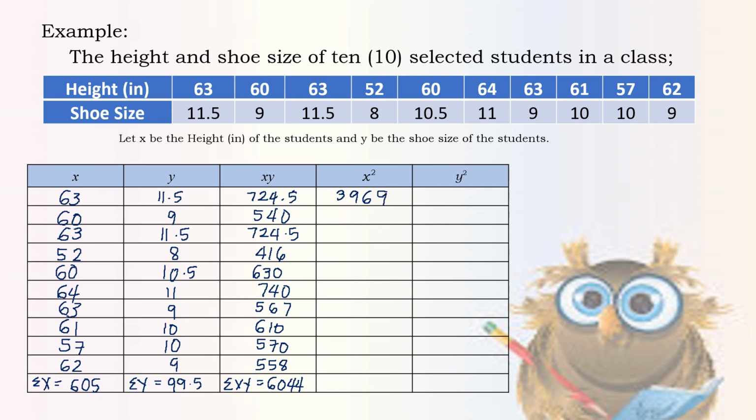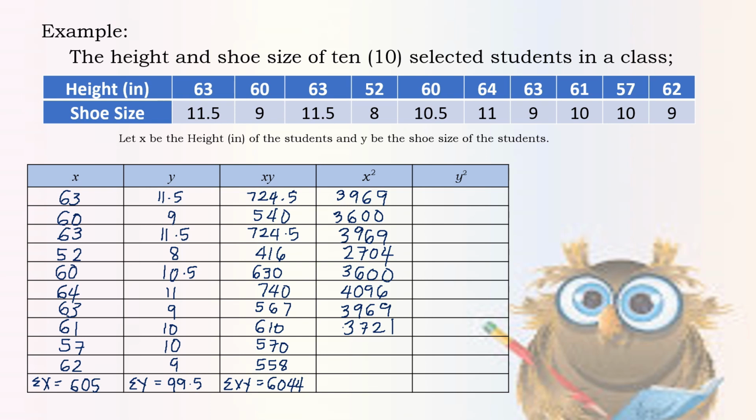Then 60 squared is 3,600. 63 squared, same, 3,969. 52 squared, sorry, is 2,704. 60 squared is 3,600. 64 squared is 4,096. 63 squared, same. 61 squared is 3,721.